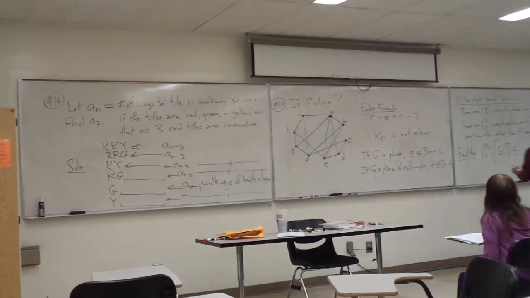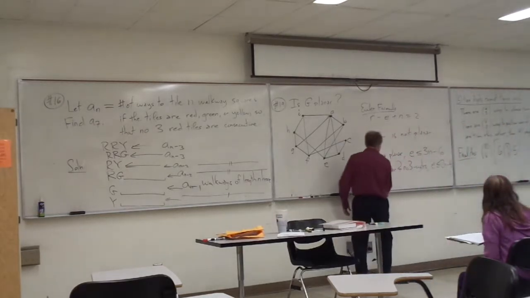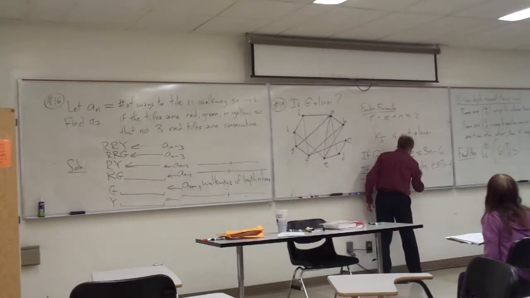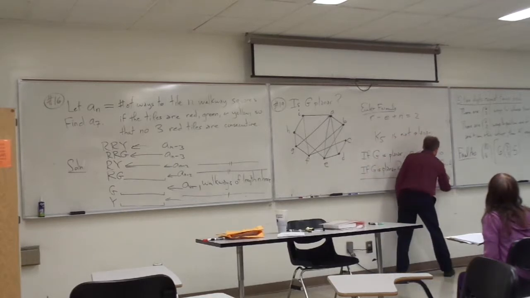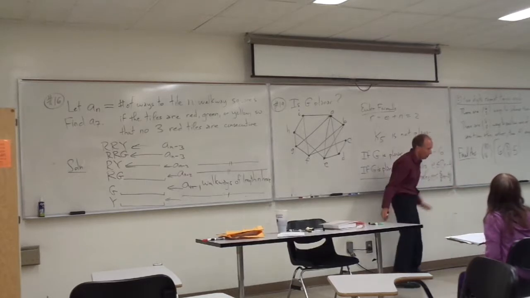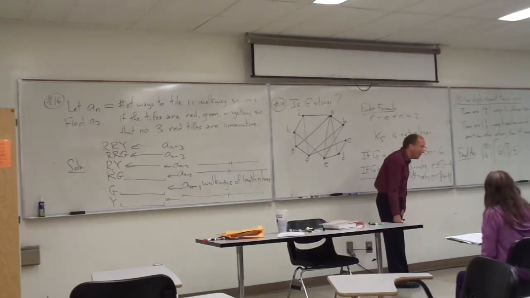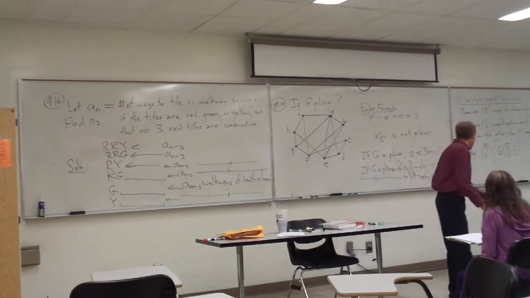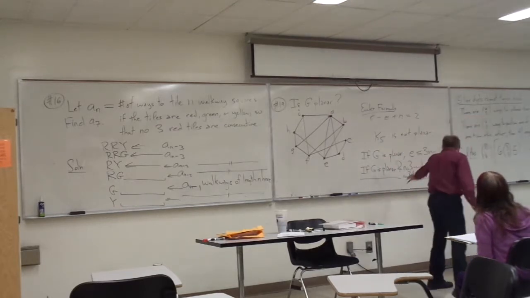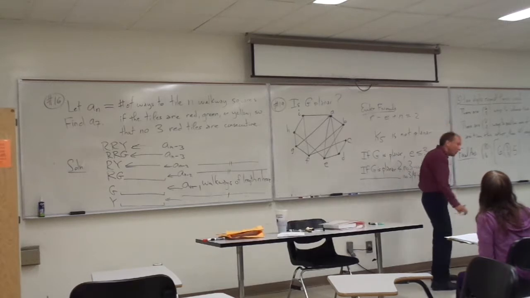And then we even did one more in the group work. If G is planar and there's no 3 or 4 cycles, does anybody remember this one? Exactly, 5/3 n minus 10/3. So that was actually in the group work. And then I think on the exam, I asked someone, what if there's no 3 cycles, 4 cycles, or 5 cycles? Then there's even another one you can write down.